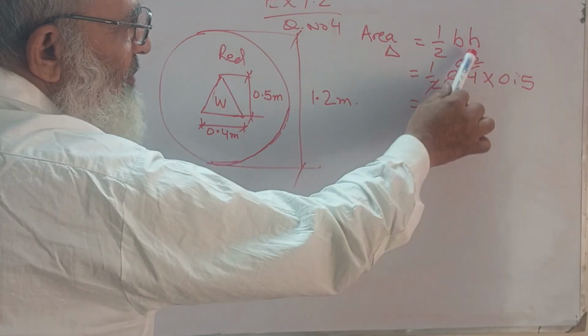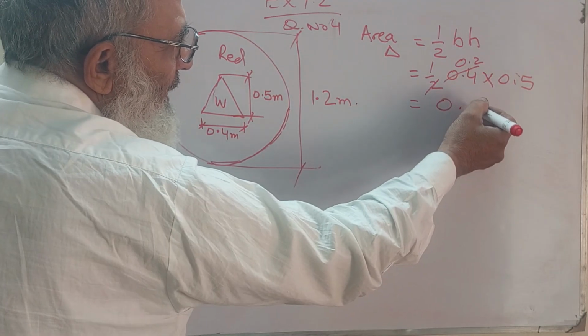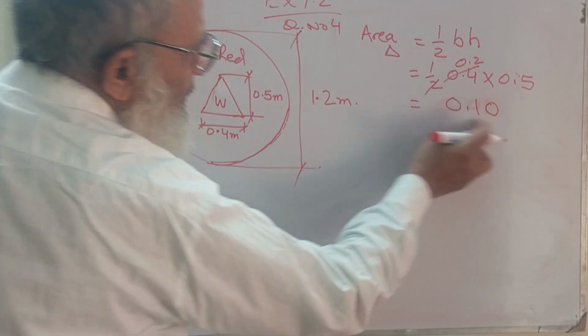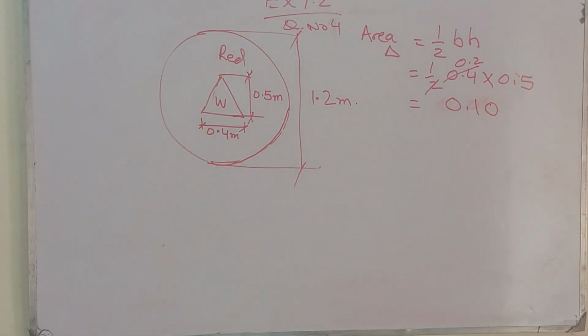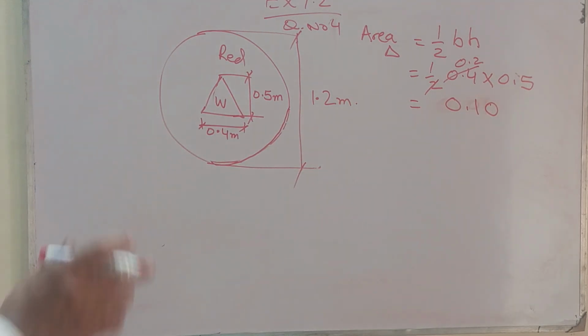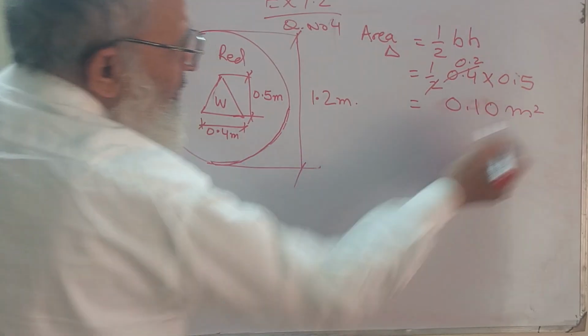Now this has 2 decimal places, and we have to show the answer to 2 decimal places. And of course, with the unit with the square.